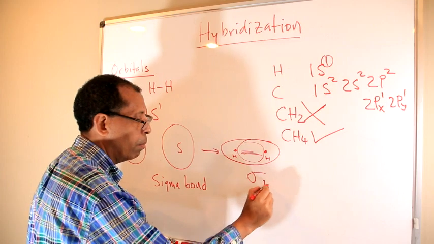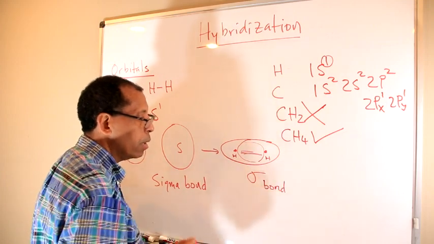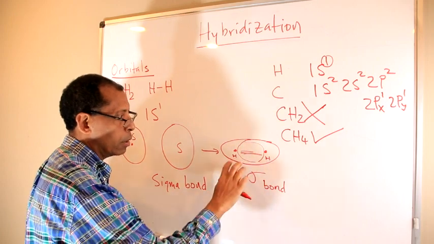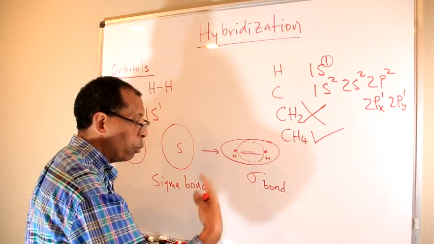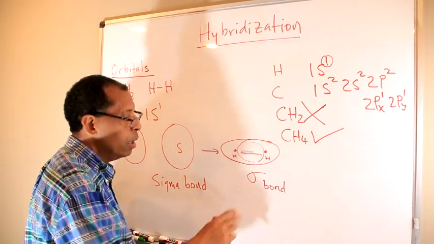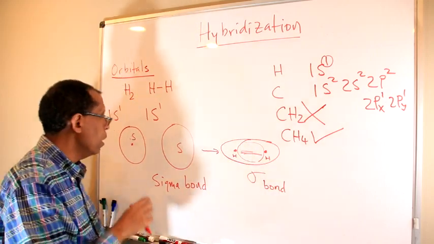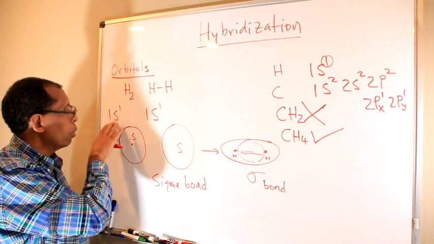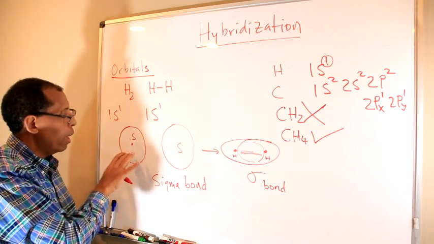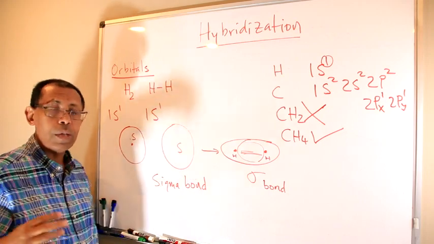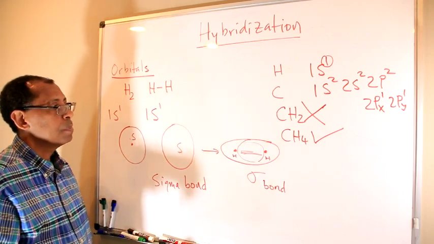A sigma bond is very strong, and also it is the longest one. We'll consider that later on. So a sigma bond is what exists between two hydrogens. It is made from the overlap of one s orbital and another s orbital. So that made a sigma bond.